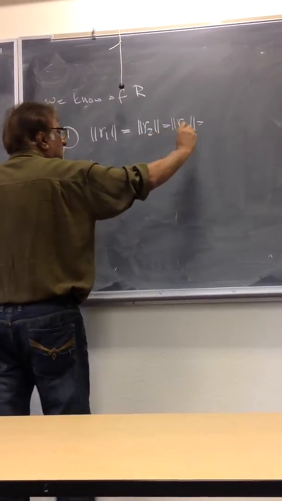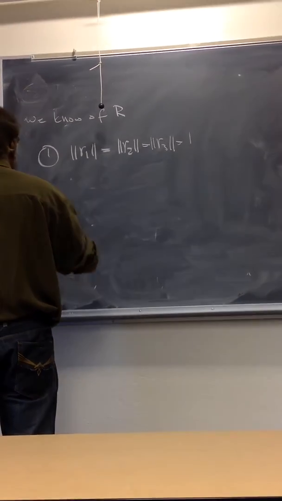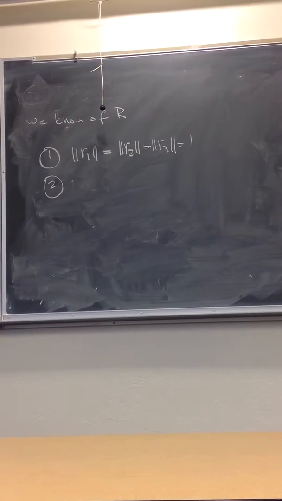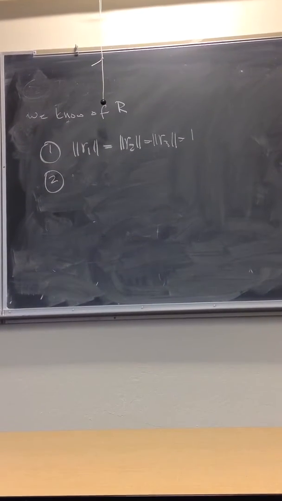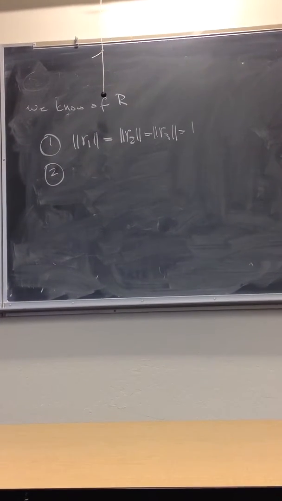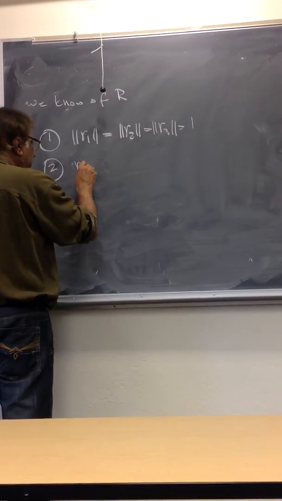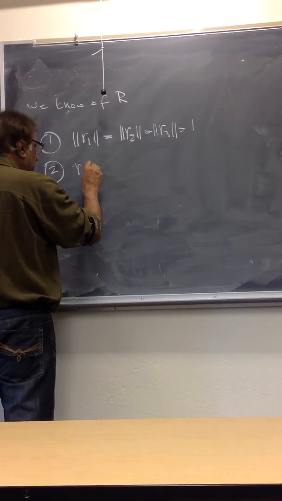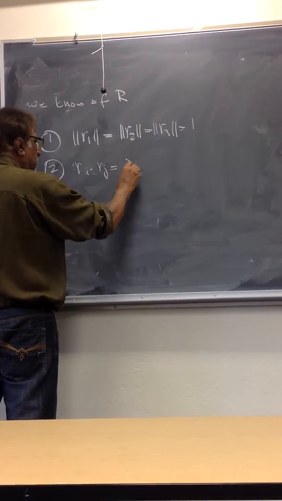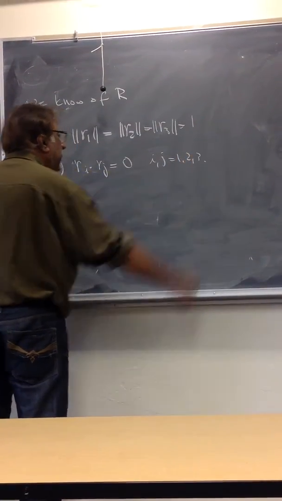They are all equal to 1. What is the other property of R? R has just 2 properties. The dot product of its vectors: the dot product between any Ri and Rj is equal to 0.